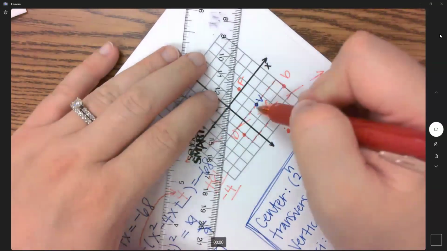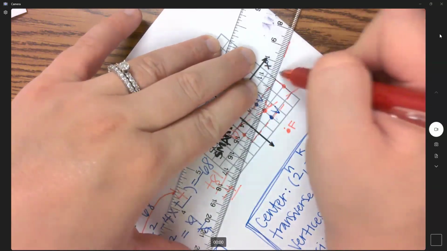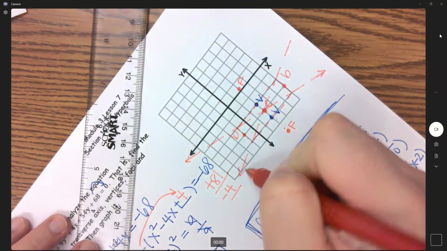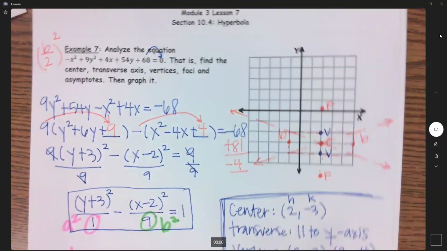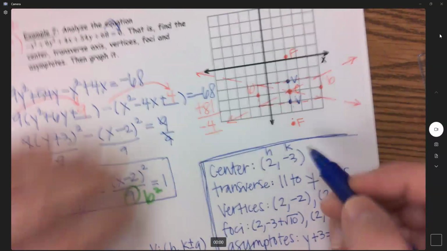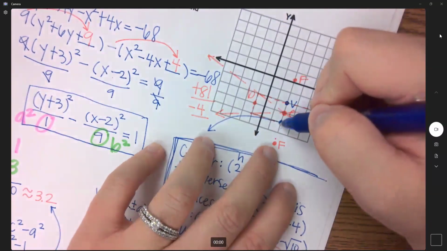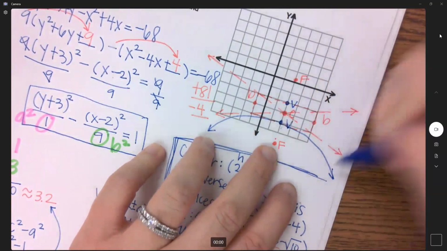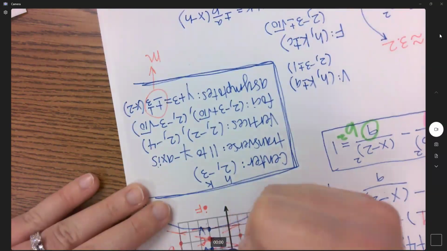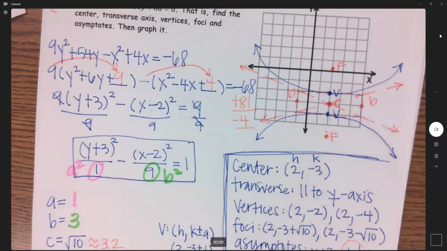One. There's 2. And now we will connect our vertices and start hugging those asymptotes. This one is an extremely wide hyperbola.